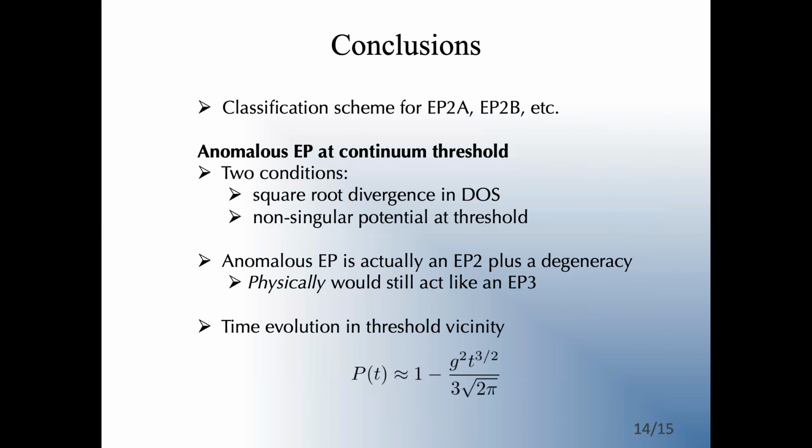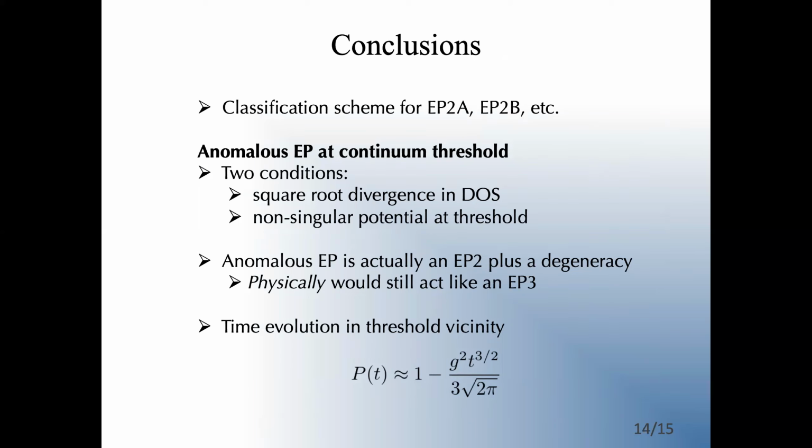So in this talk, I introduced a classification scheme for the simplest case of the EP2s. Then we introduced this anomalous exceptional point at the continuum threshold. For a general 1D model, I claim that these two conditions are required to observe the anomalous exceptional point. Mathematically speaking, the anomalous exceptional point is technically an EP2 plus a degeneracy.